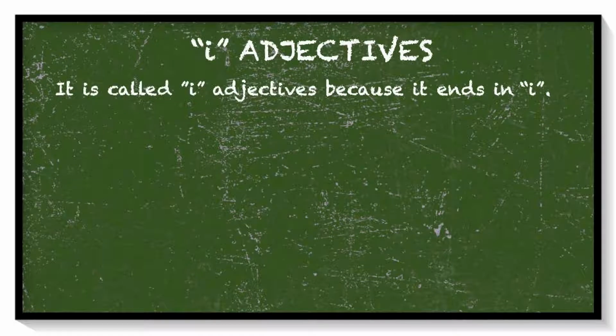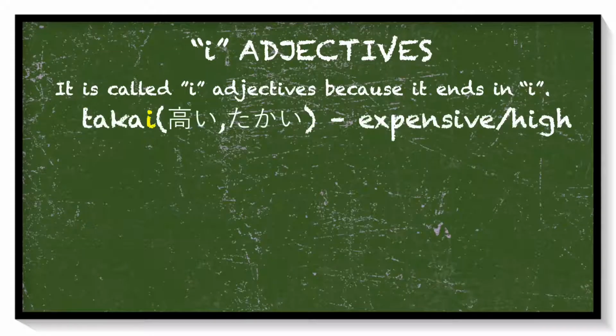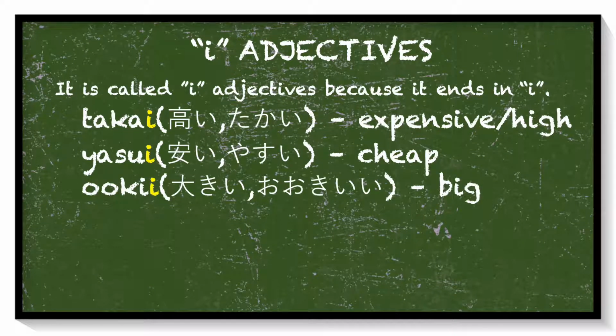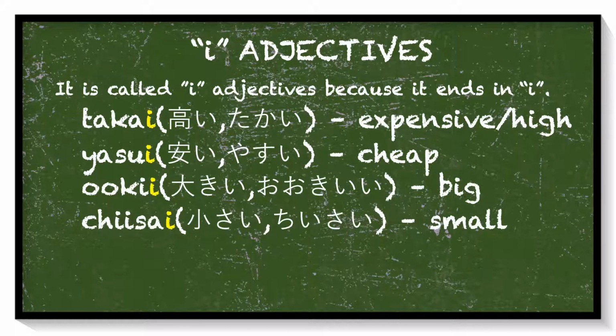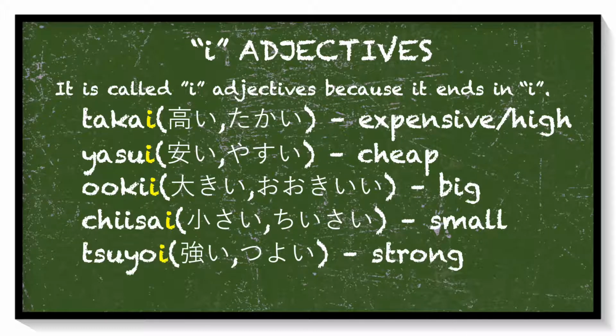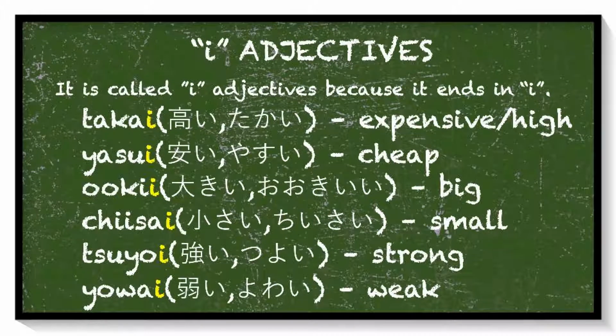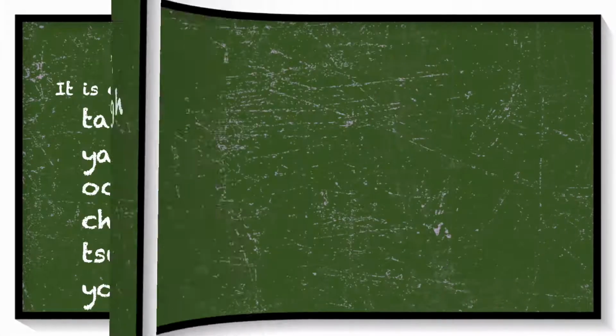For example, 高い、安い、大きい、小さい、強い、弱い。 All of them end in i, but not all adjectives that end in i are i adjectives. We'll talk about it later.